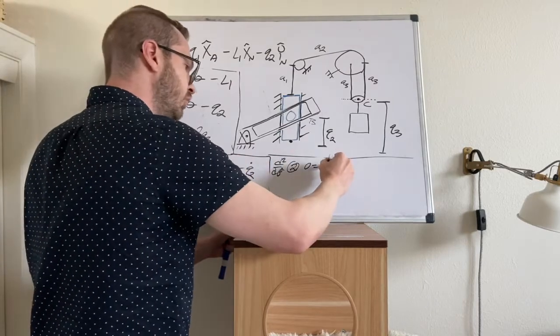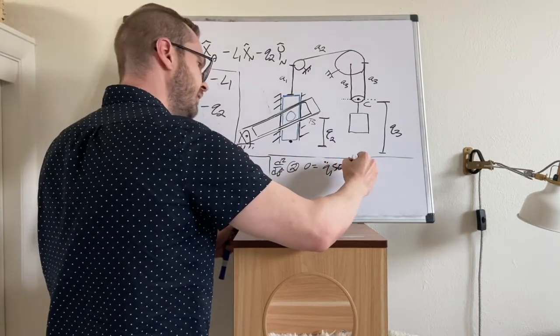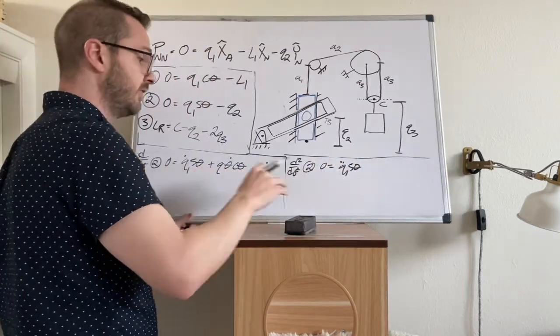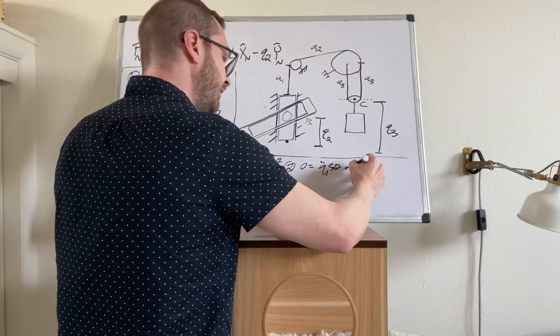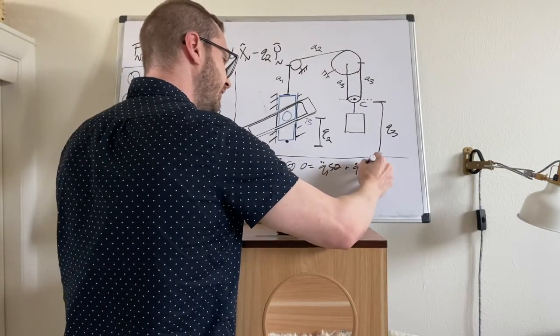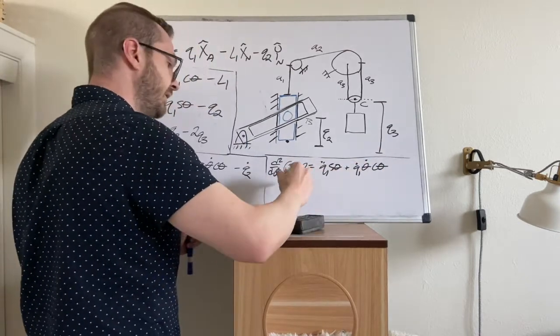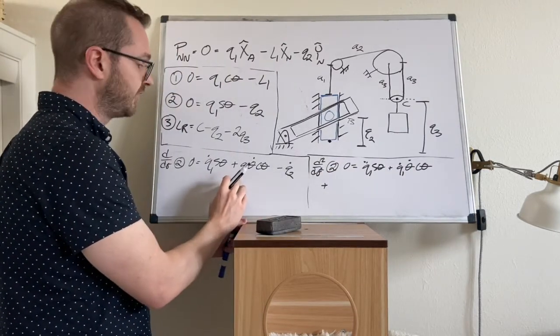So this is q1 double dot sine theta plus, derivative of sine is, or no, still plus, sorry, cosine, plus q1 dot theta dot cosine theta plus. Now, what's going to happen when we take the derivative of this one?